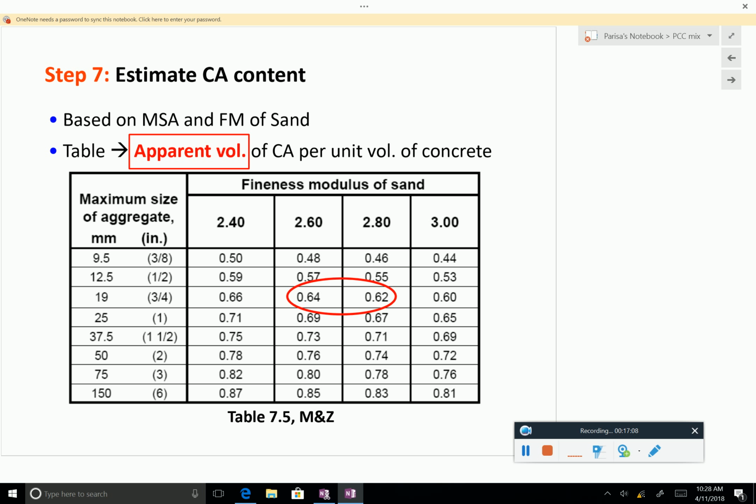To design for the coarse aggregate content, you need to know maximum size of aggregates, and you need to know fineness modulus. Go back to your notes and see what fineness modulus was. In one slide, you have summarized all the information.